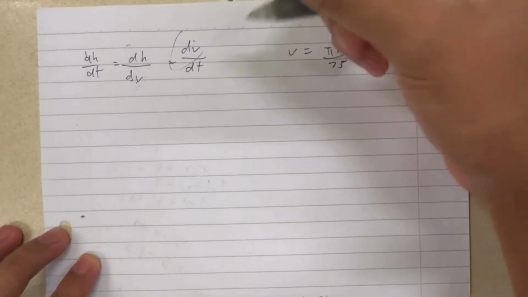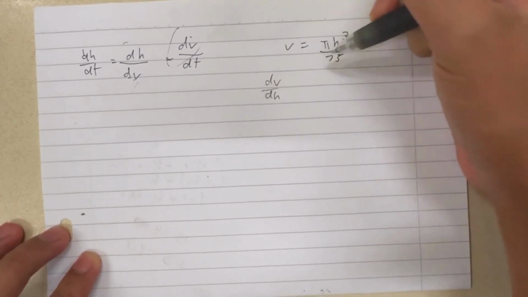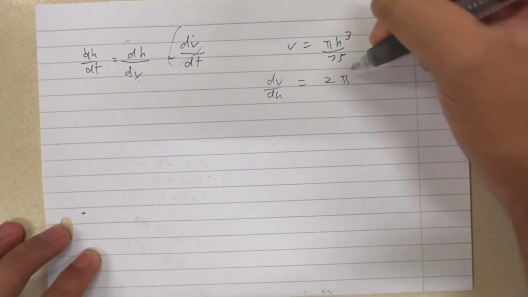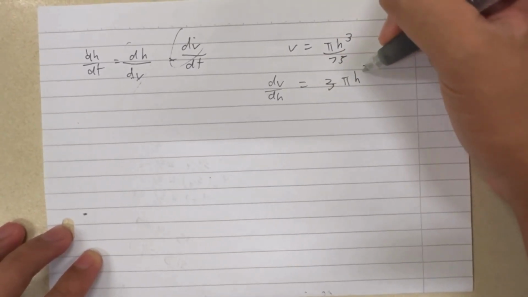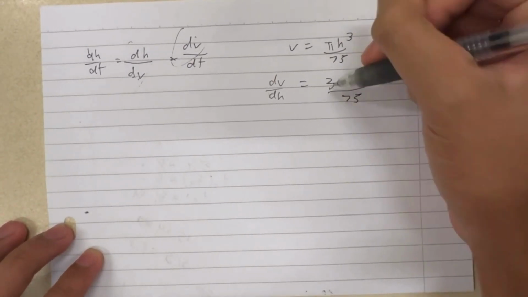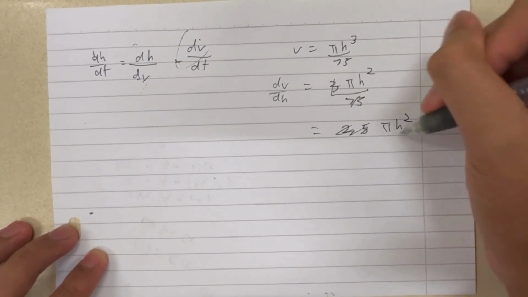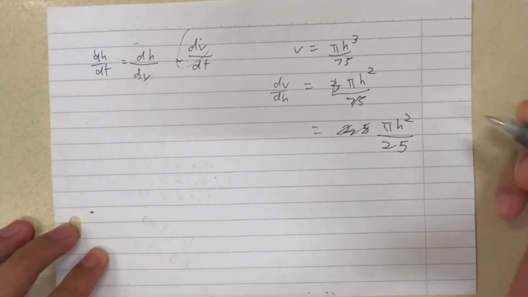So we differentiate that and get dV over dh. The dV over dh is 3 pi h squared over 75. Cancelling, we get pi h squared over 25.